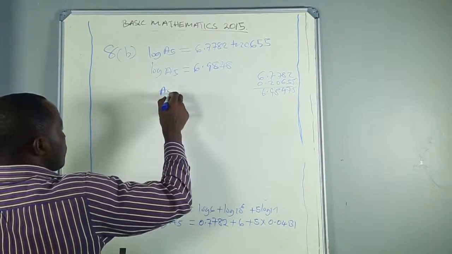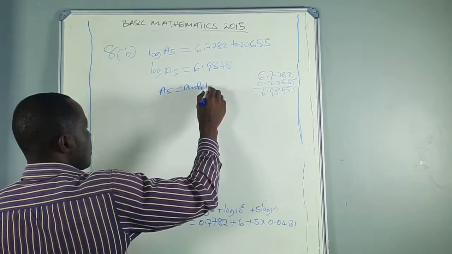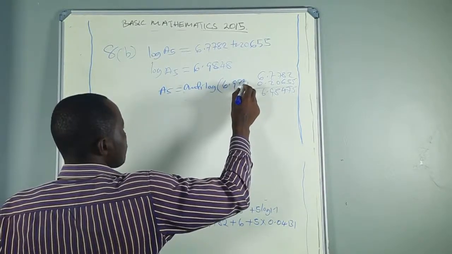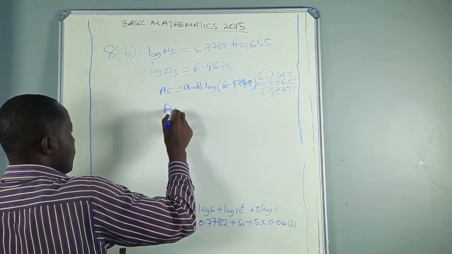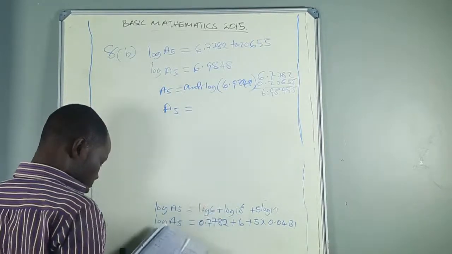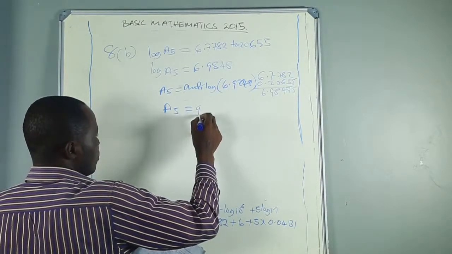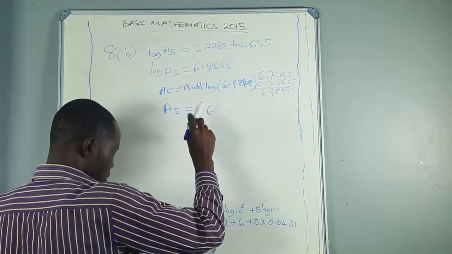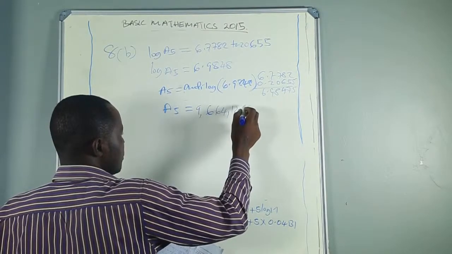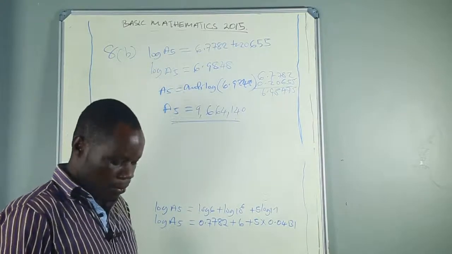So A5 is equal to the antilog of 6.9848, which is about 9,664,000. This is the value of A5. Question number 8 is over.